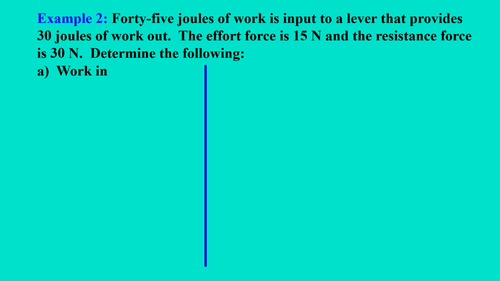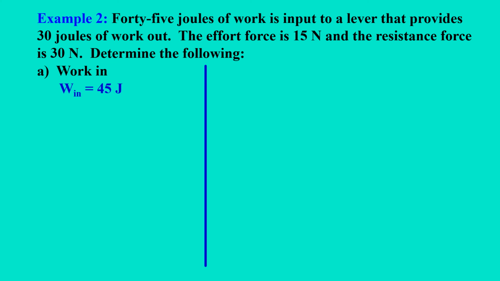Example number 2. 45 joules of work is input to a lever that provides 30 joules of work out. The effort force is 15 newtons and the resistance force is 30 newtons. Determine the following. Letter A, work input or work in equals 45 joules.